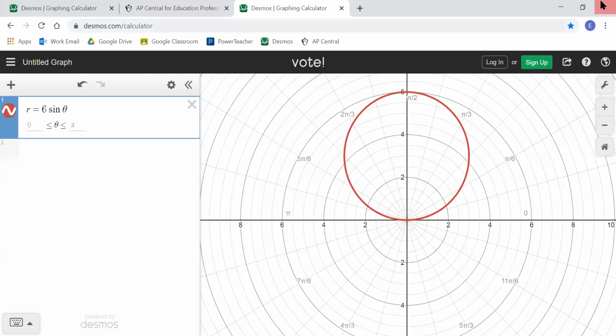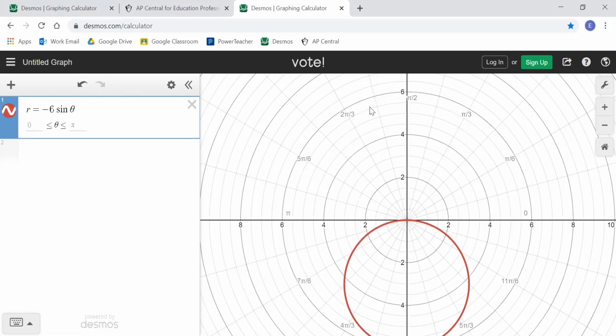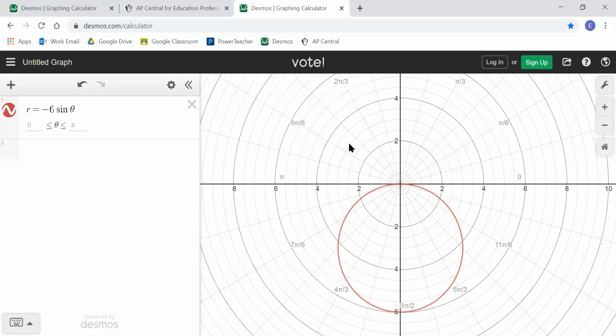Good. What do you think would happen if I threw a negative sign at the front of this? It'd be in the other quadrant. So for sine, yeah, there. Yep, it would drop down exactly into the quadrants in which sine is negative, quadrants 3 and 4. Doesn't matter what my coefficient is.